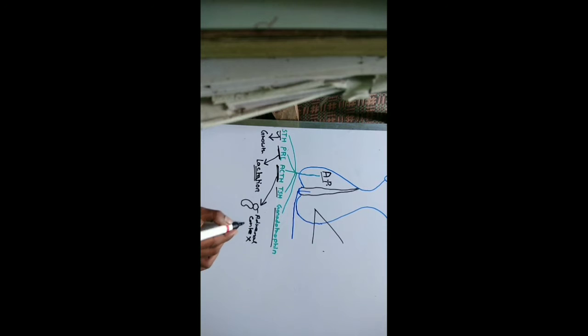ACTH acts on the adrenal cortex and it helps to release the glucocorticoid mainly. Also it helps to secrete the mineralocorticoid and sex corticoid, that means androgens, adrenal androgens.